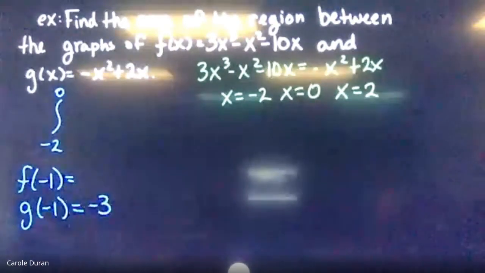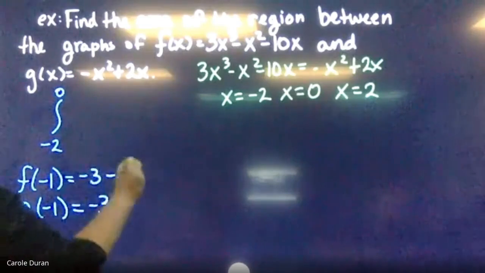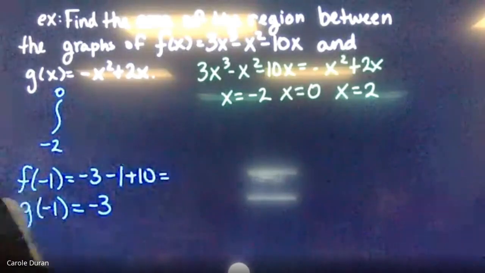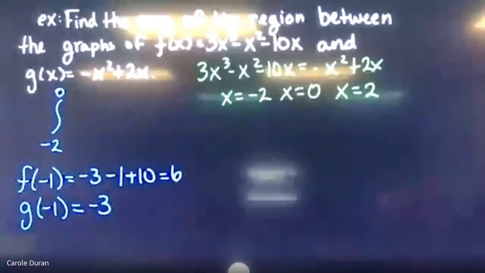I get -3 when I plug it into G, and when I plug it into F, I get -3 minus 1 plus 10, which gives me +6. So which one of these is bigger from -2 to 0, F or G? F, because it gave me that larger value.